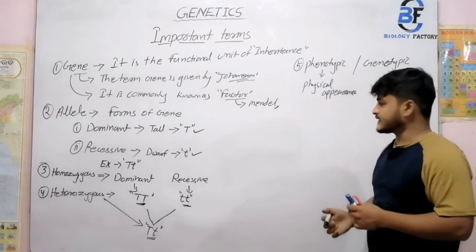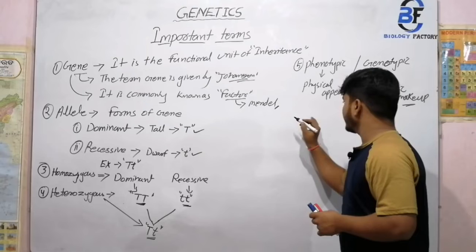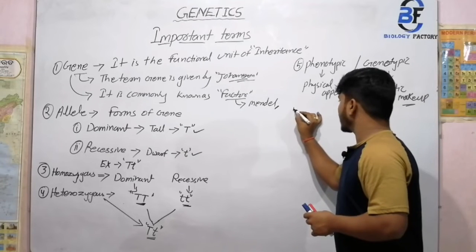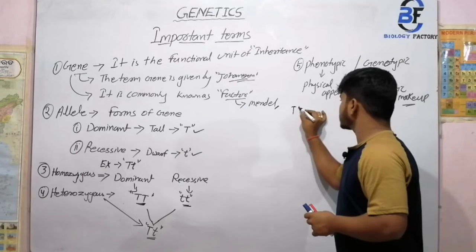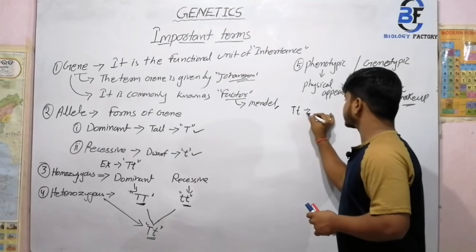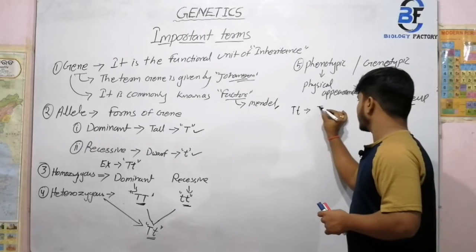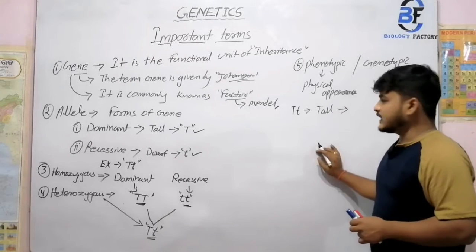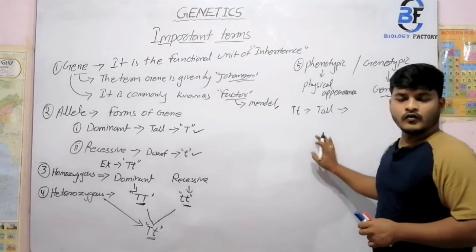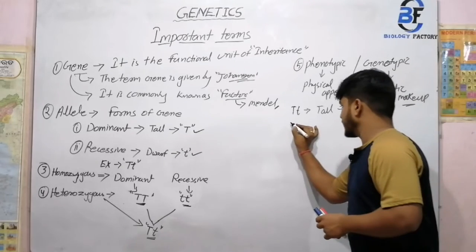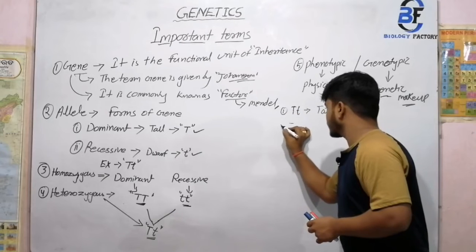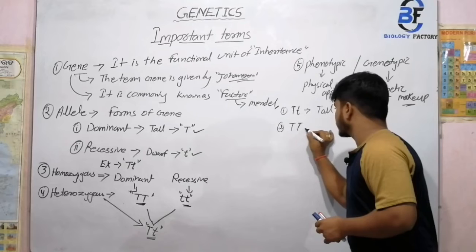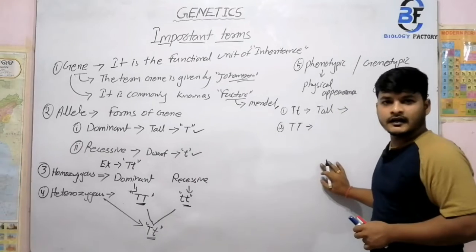Let's take an example first. If we take capital T and small t, that means it is a tall plant. Physically, if we look at this plant, we say that it is a tall plant. Next, another example: capital T with capital T. Both are dominant characters.